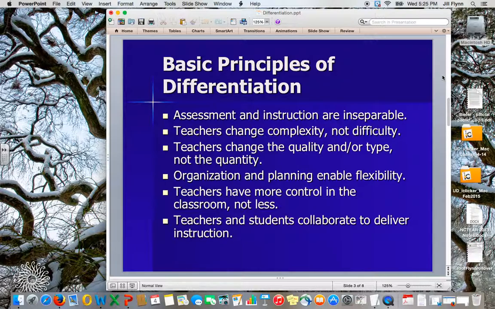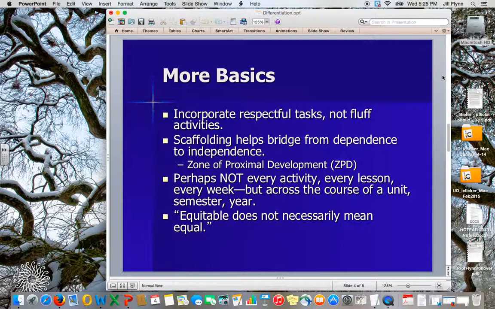Also, you don't have to change the quantity, you might change the quality. You know that organizing and planning ahead of time will allow you to be flexible, and sometimes teachers worry that they're giving up autonomy, but you really ultimately have more control if you differentiate effectively. And then there's using your students, getting them involved in their learning and monitoring what's going well and what they still need to work on.